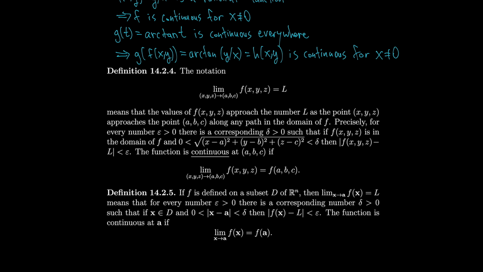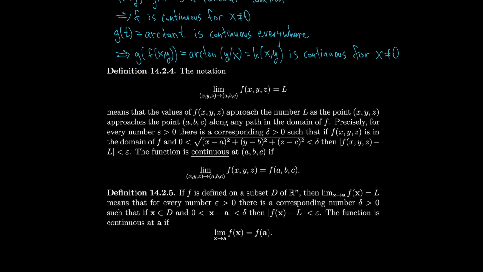Obviously we can't visualize this in the 4th dimension, but we can at least visualize the domain. And also we know how to extend the distance formula to multiple dimensions. So we just take the distance between (x,y,z) and our point (a,b,c), we make sure that that's less than delta, and that forces the distance between our f value and our limit to be less than epsilon.